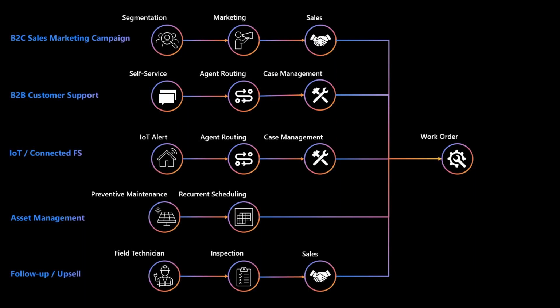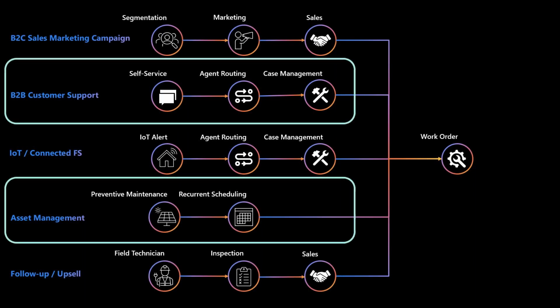And that dramatically shined a light on, well, if they're touching the customer, they should also be suggesting additional work that could be done, or perhaps additional services or products that we could sell. So lots of areas that could spawn a work order across different business types.